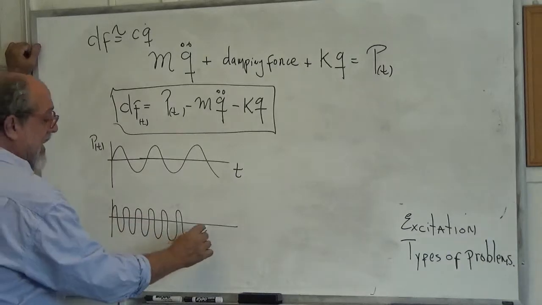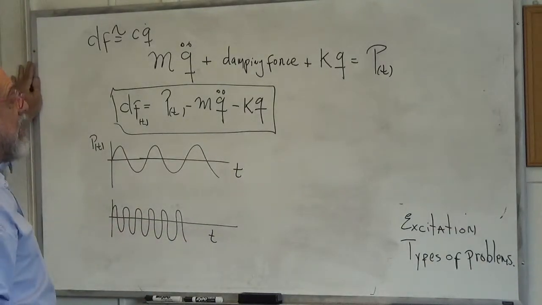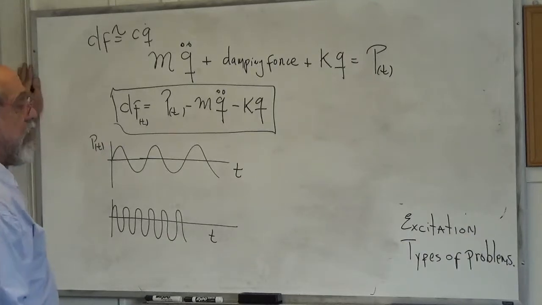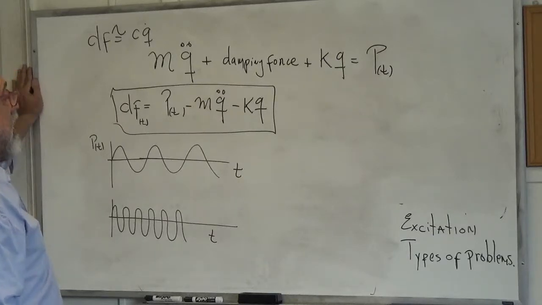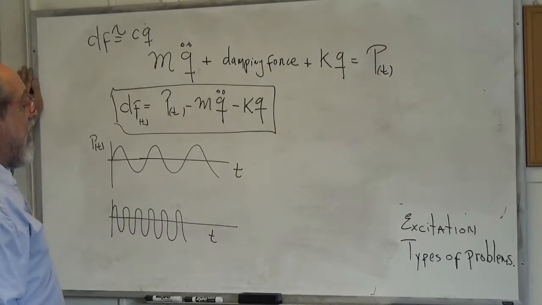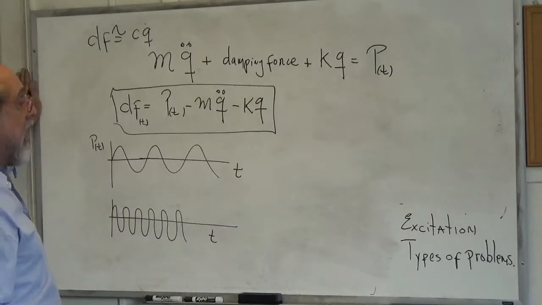So when we do this kind of test, what we find is that the damping force is really not proportional to velocity in the large majority of structures that we're interested in. Now, what we find is actually that it is sort of independent of velocity, okay?